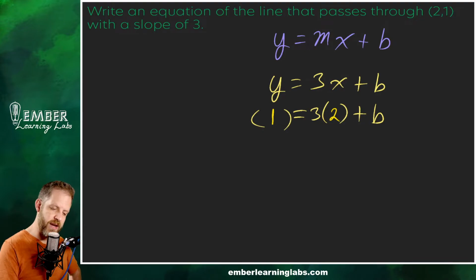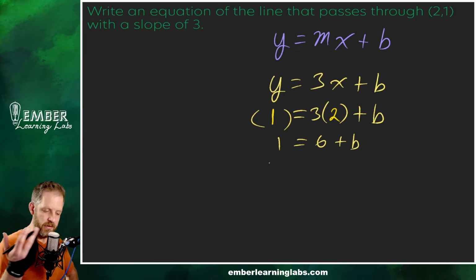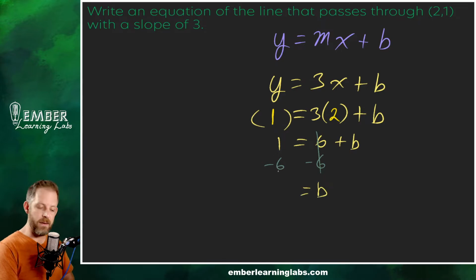Now we need to solve for b. What is 3 times 2? Well, that's 6. Bring down what we haven't touched, so plus b equals 1. We'll drop the parentheses now because we didn't really need them in the first place. How is this 6 attached to the b? It is added. So to get rid of it, we subtract 6 from both sides. That cancels, leaving us with just b equals 1 minus 6, which is negative 5.